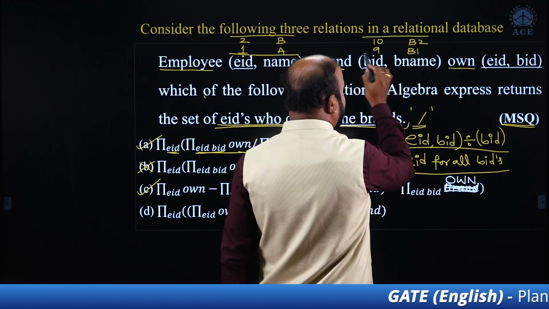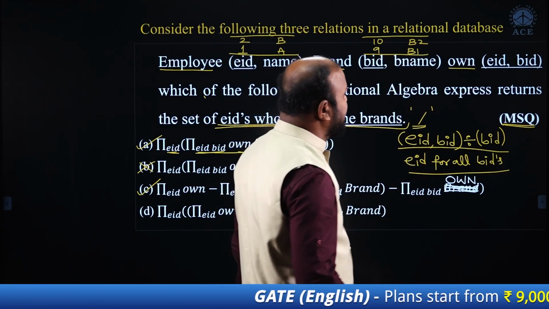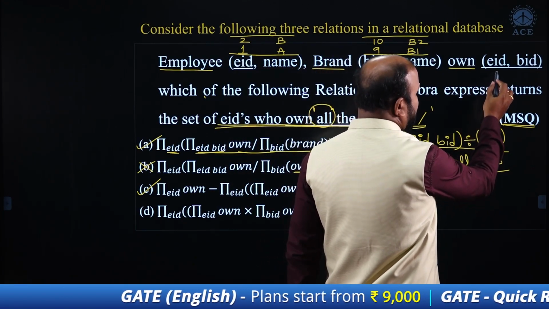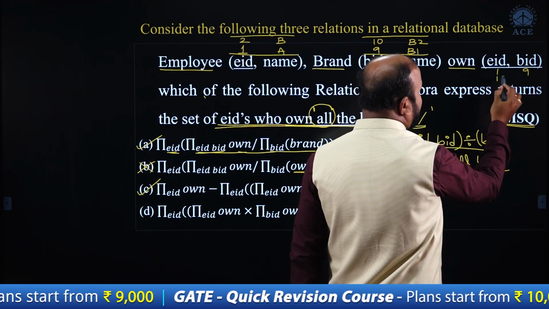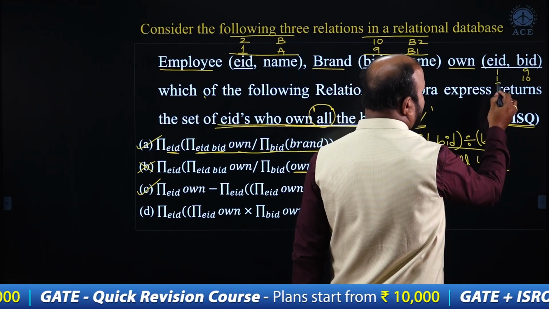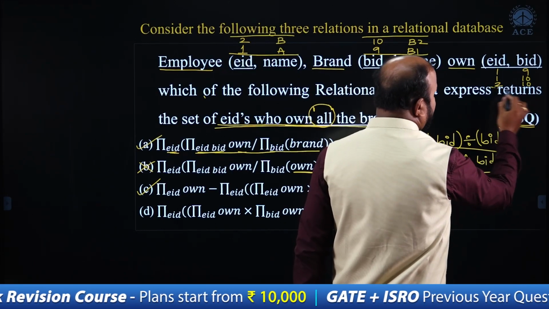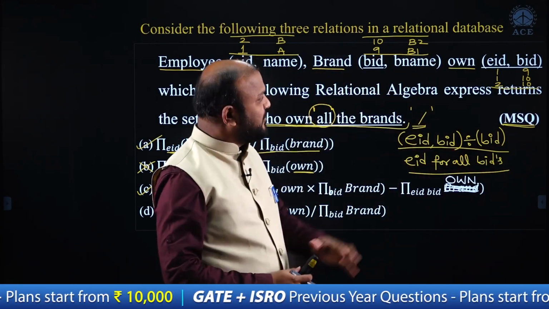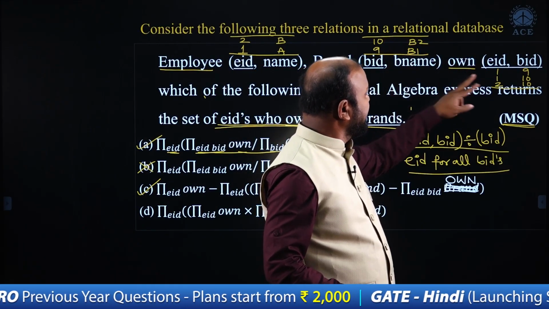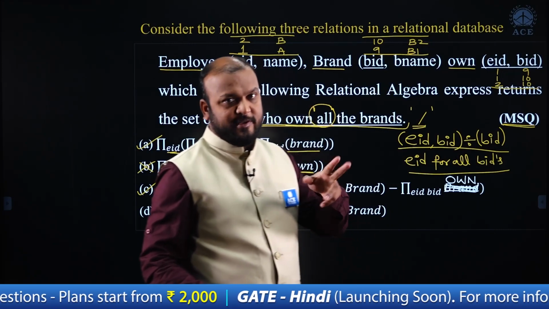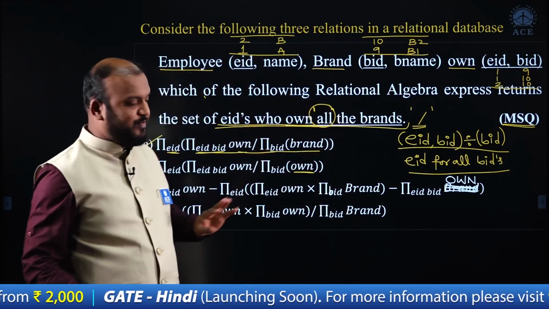Two brands. In the own table, we have three tuples: employee 1 owning brand 9, employee 1 owning brand 10, employee 2 owning brand 10. By looking at this, we can understand employee 1 owns all the brands, because we have only two brands, 9 and 10. Employee 1 should be in the final output.